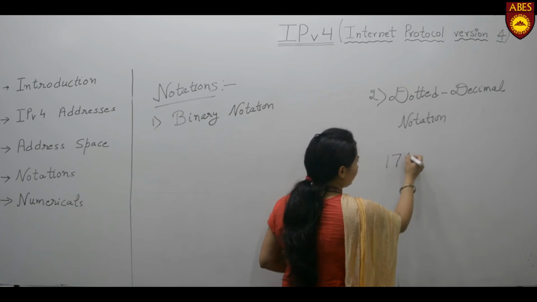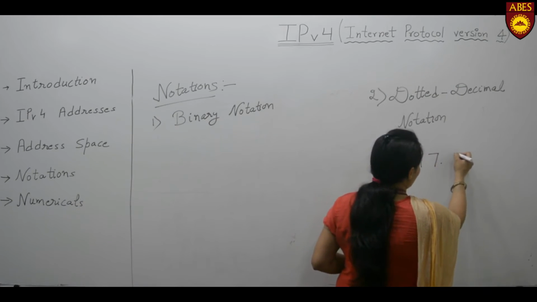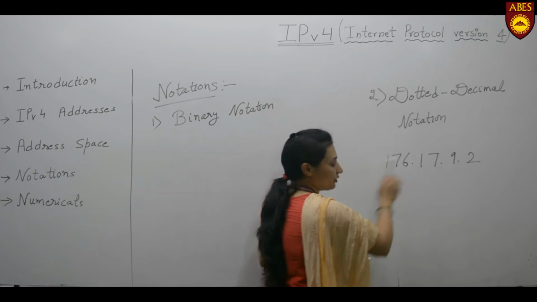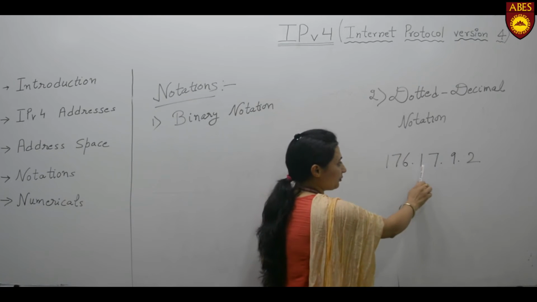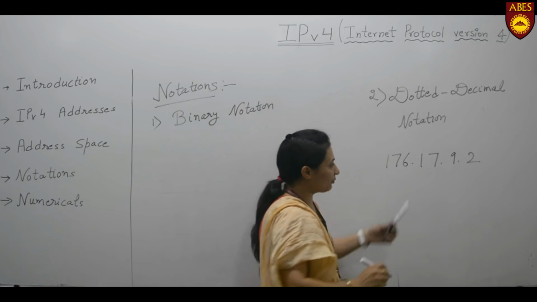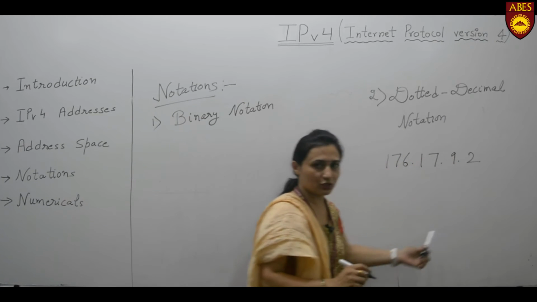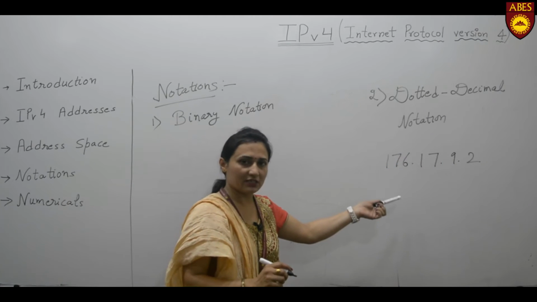For example, 176.17.9.2. Each byte is converted into the decimal form, and the separation between the two bytes is given by a decimal dot. So this is the dotted decimal notation of the IPv4 addresses, which can be easily remembered by a human being.